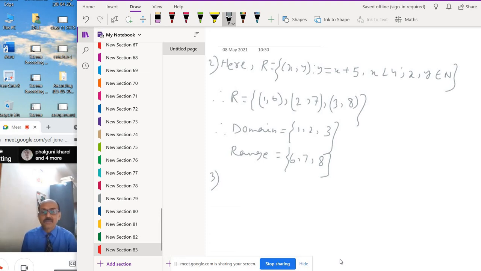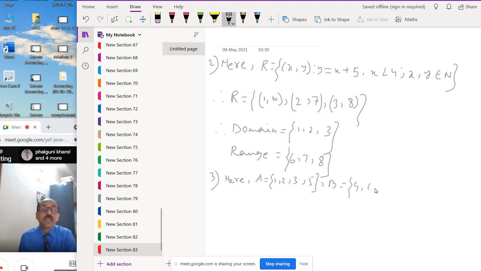If the difference is odd we include the pair in the relation, and if it is even, then don't take it. This is the A set, {1, 2, 3, 5}, and the B set is {4, 6, 9}.